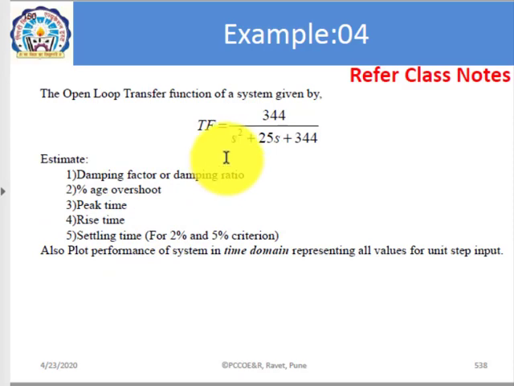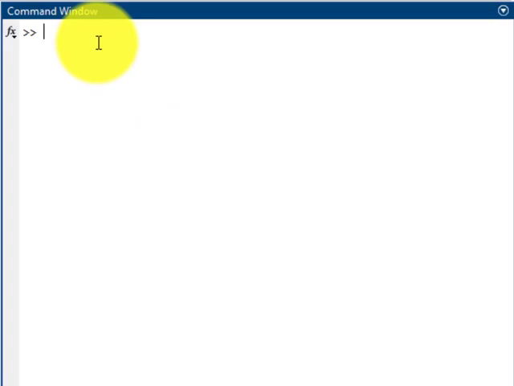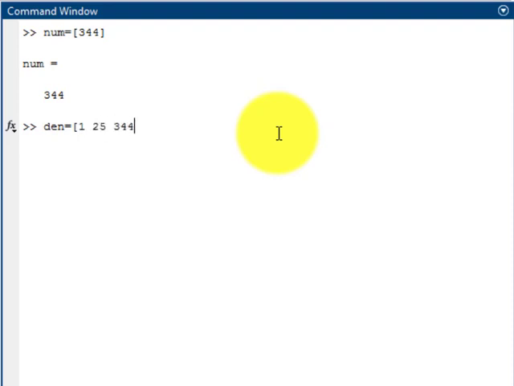Before that we have to define the transfer function for the given system. To define a transfer function in MATLAB, we define the numerator vector num. Here it has only a constant value, so we will write 344. Then for the denominator polynomial, I will use den. The coefficient of s square is 1, of s is 25, and the constant is 344.